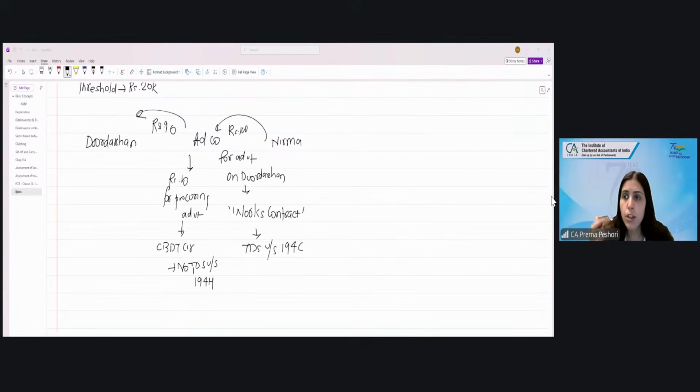Here, the ad company will retain a certain commission because they are bringing work to Doordarshan by canvassing advertisements. So the question is whether there will be TDS under 194H on this amount. No, because Doordarshan is a government sector company, so TDS will not be applicable. TCS will be there. That is fine.